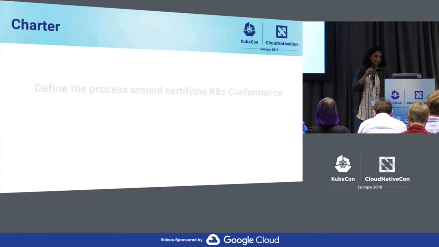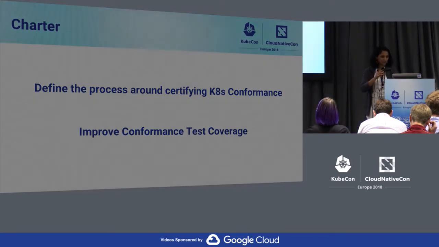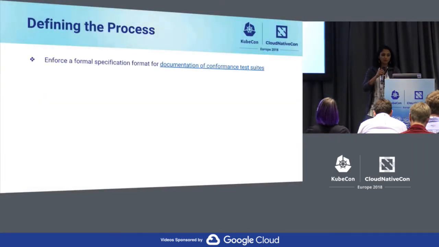Digging a little deeper, the charter of the conformance working group has 2 missions, mainly to define the process around the certification program and also improve the test coverage, the gray area that we just saw. In terms of process, there are quite a few things that fall under this bullet.